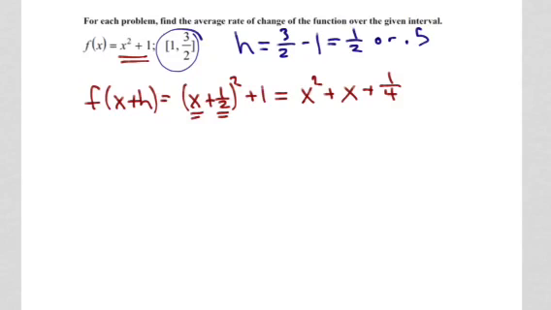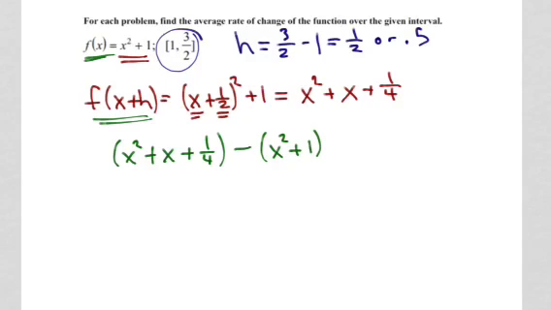All right? Now, the next step is we want to take this f of x plus h, and we want to subtract the original statement. So f of x plus h, subtracting f of x, the original statement. All right, so let's clean this up.